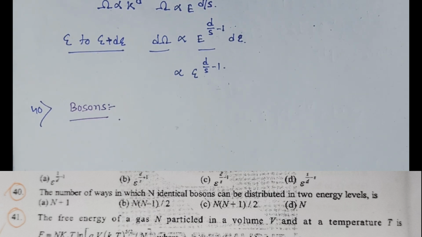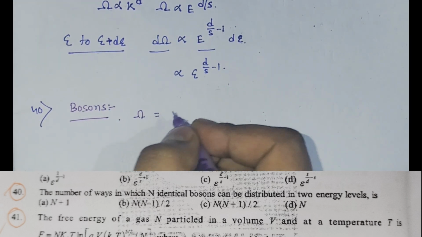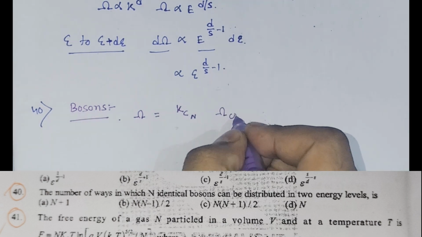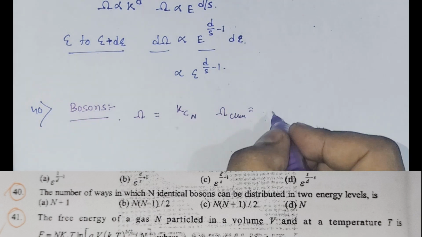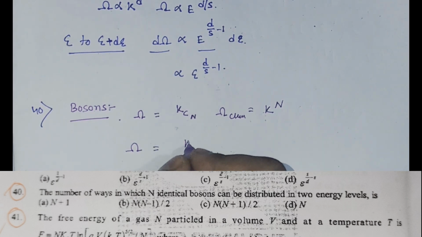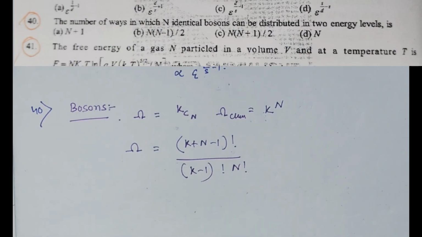But if it is said that they are fermions, or in the classical case, then the number of microstates omega classical equals k to the power n. But these are bosons. So for bosons, the number of microstates, I think you have the basic concepts about this, omega equals (k plus n minus 1) factorial by (k minus 1) factorial n factorial.